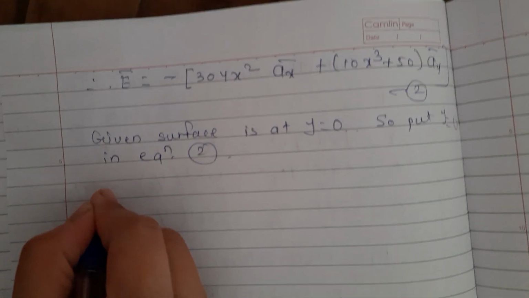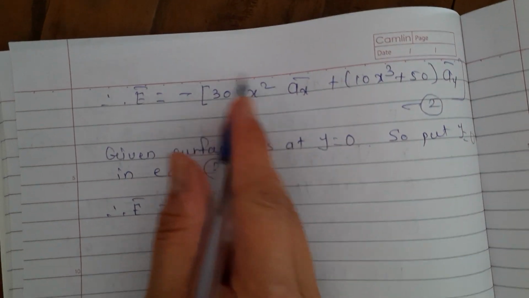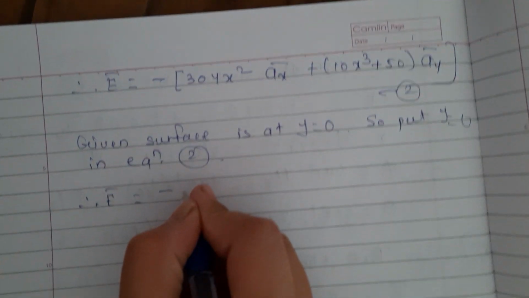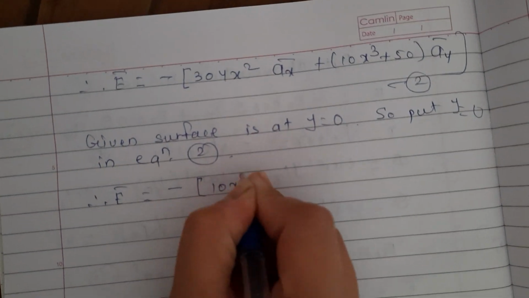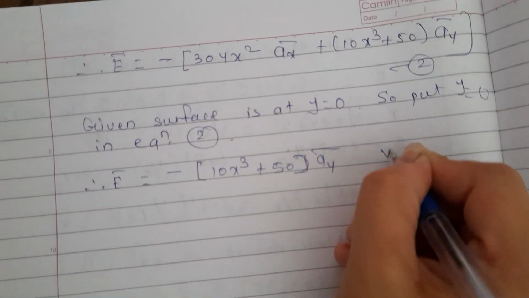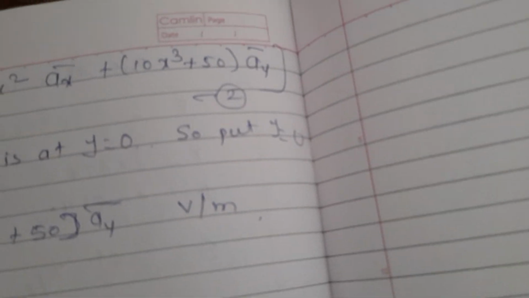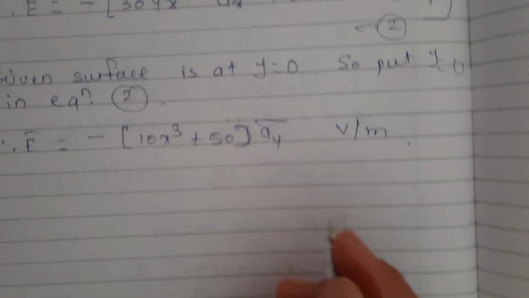So E bar is equal to minus, with y equal to 0, this term becomes 0. So it is minus of 10x cube plus 50 ay bar volt per meter. Then the next part: we have to show that the surface y equal to 0 is an equipotential.